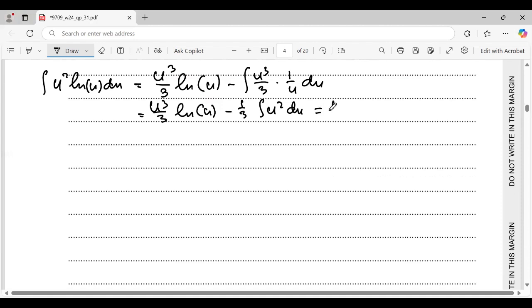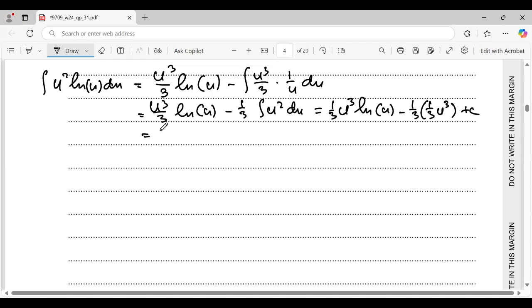So it becomes 1/3 u cubed ln u minus 1/3 integral of u squared, which is 1/3 u cubed, plus c.